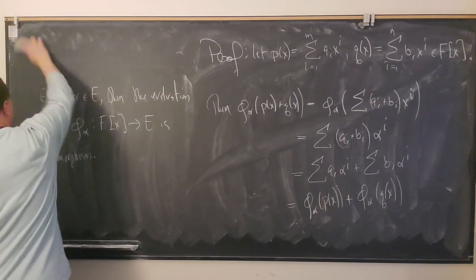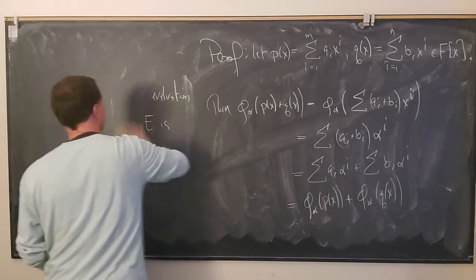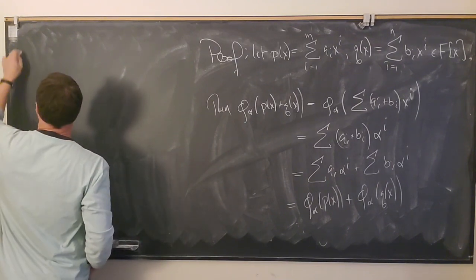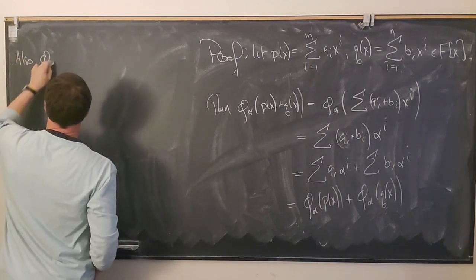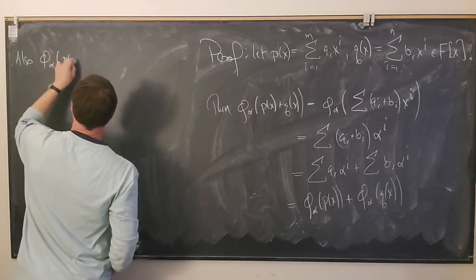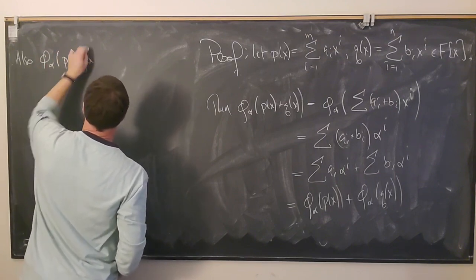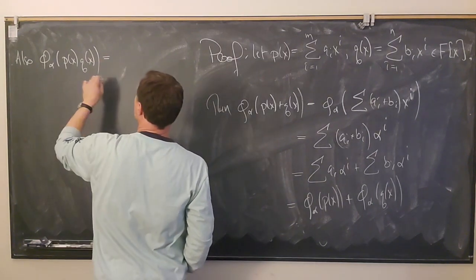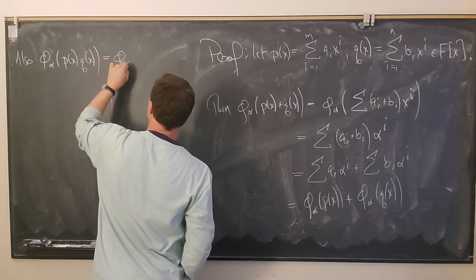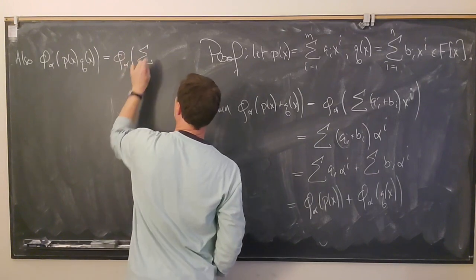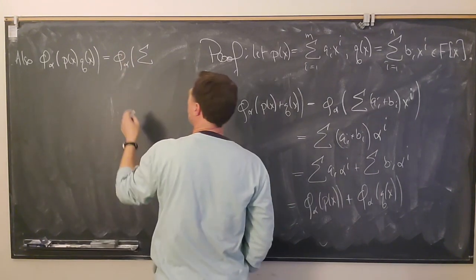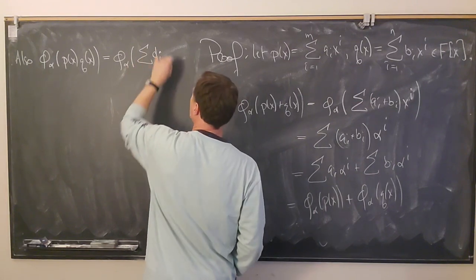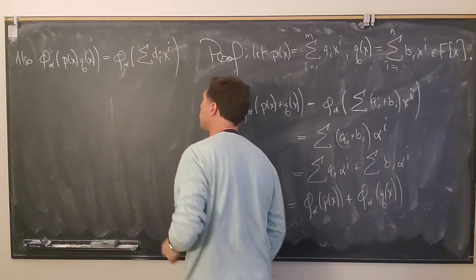Now we need to show that the multiplicative property holds. So we can say also, if we do phi sub alpha of p of x times q of x, that is going to be phi sub alpha of the polynomial. When you multiply, let's call the coefficient d sub i. So it'll be d sub i x to the i.